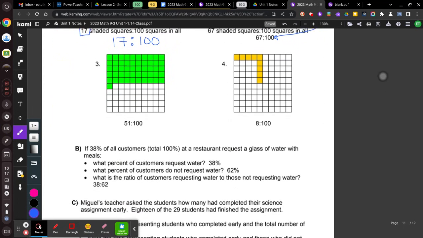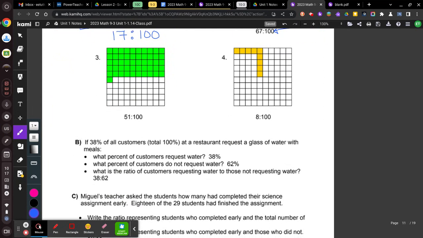Let's look at number 3. They shaded 51 squares. As a fraction, 51 out of 100, and again, we say out of. We can convert that to a percentage, 51%. The ratio is 51 to 100.